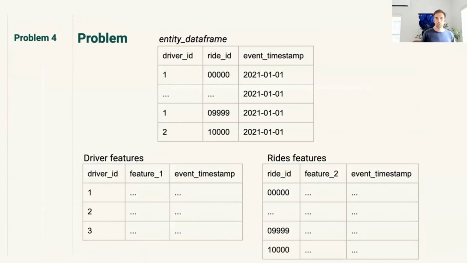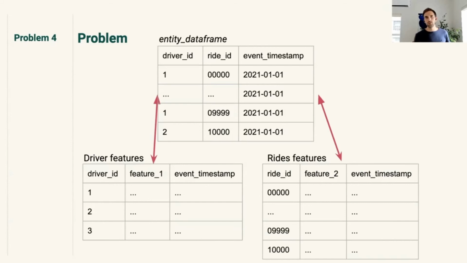Let's take again this example of drivers and rides. A driver can have multiple rides, let's say up to millions of them. We can see that the entity data frame is going to contain information about the more granular of the feature views. So here it will be about a ride, which means that a driver is going to be repeated over and over.